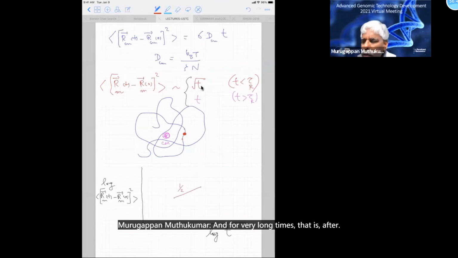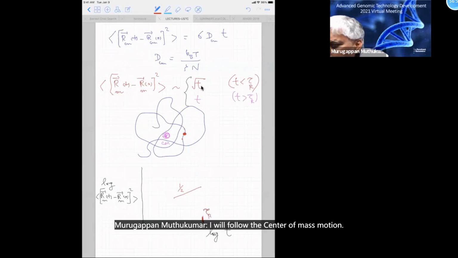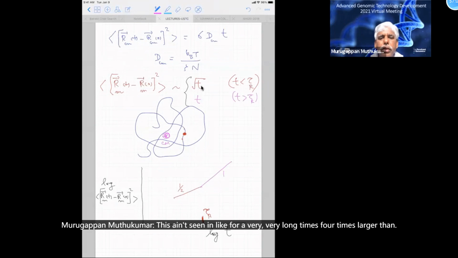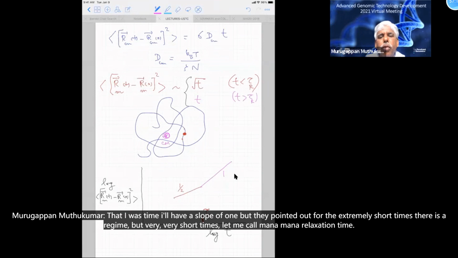And for very long times, that is after the Rouse time, I will follow the center of mass motion with a slope of 1. That is Einsteinian-like for very, very long times. For times larger than the Rouse time, I'll have a slope of 1.